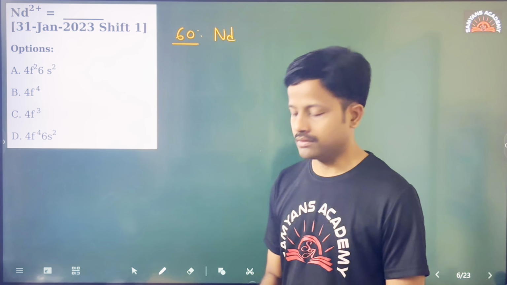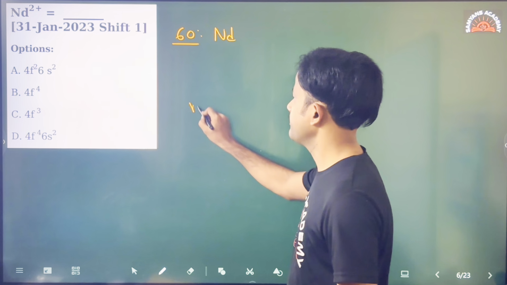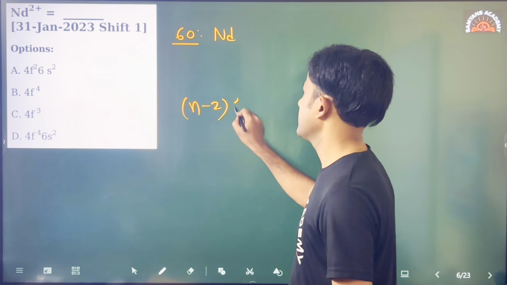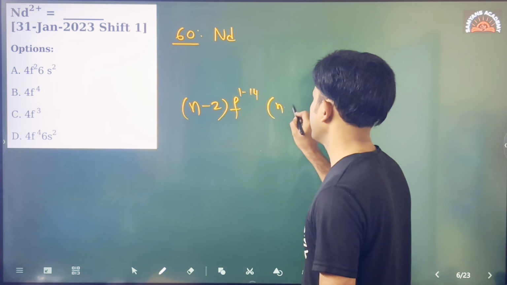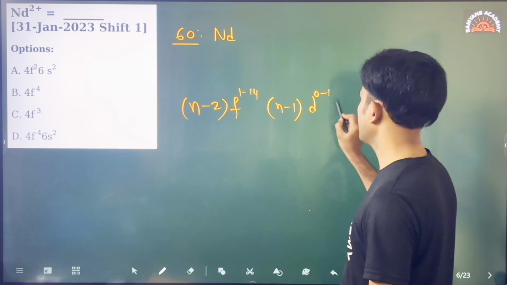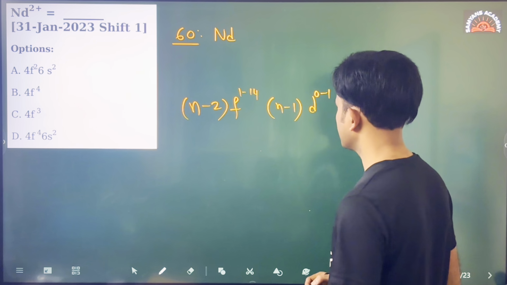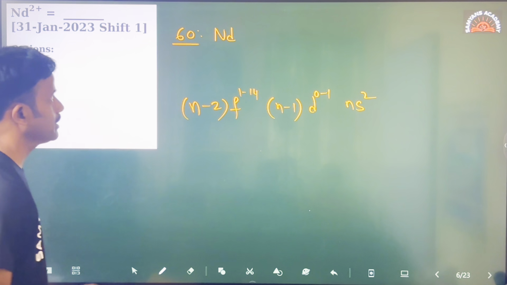You already know that the common electron configuration of F block elements is (n minus 2) f 1 to 14, (n minus 1) d 0 to 1, and ns2. This is the common electron configuration of F block elements.